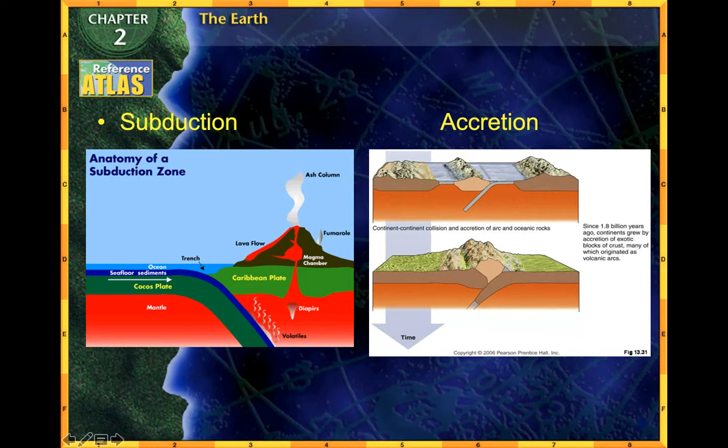So this is just an example of, say, the Cocos Plate and the Caribbean Plate, where you have the subduction zone start and the volcano forms to help create this new land. And then you can see here the accretion method, which is where over time, as the continent expands, it actually will build up.